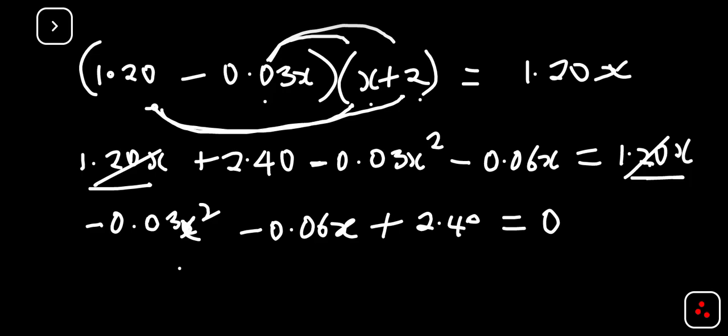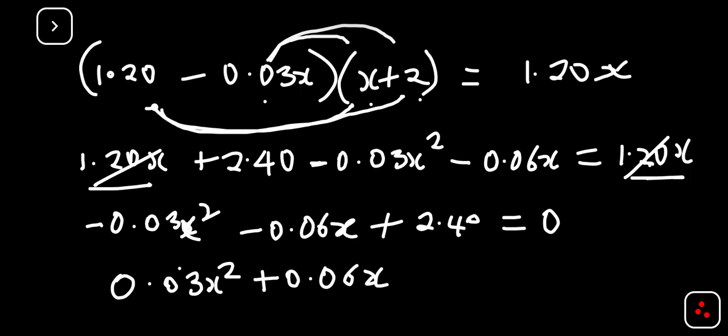Now to make it easier, I'm going to multiply through by negative on both sides. Negative times minus 0.03x squared is 0.03x squared, negative times minus 0.06x is plus 0.06x, and negative times plus 2.40 is minus 2.40, equal to 0. Next, to remove the decimals, I see that 0.03 is a factor of 0.06 and 2.40.